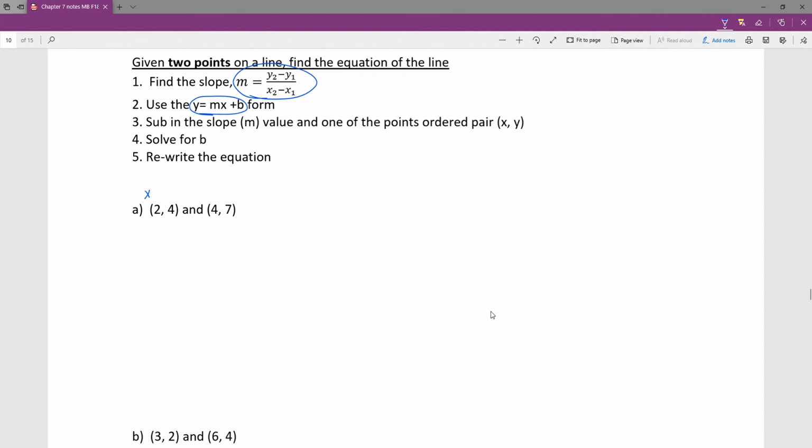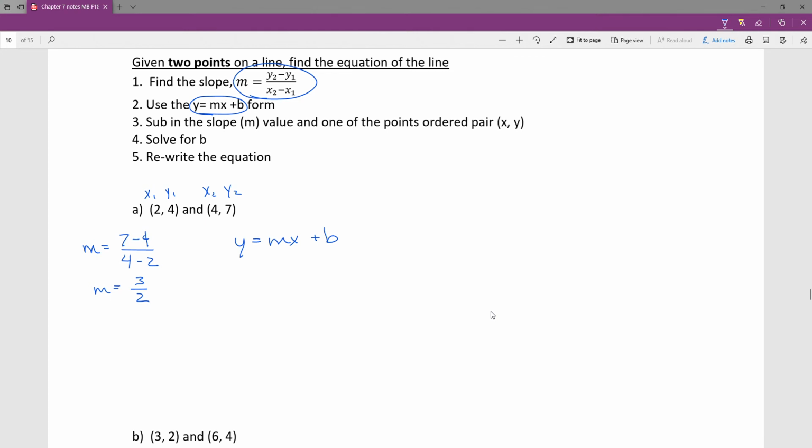So with this one, I'd have x1 and y1, x2 and y2. So I'd have m equaling (7 minus 4) all over (4 minus 2). I'd have a slope of 3 over 2. The next thing that I would do to make this more like the questions that I've done before, I'm trying to gather enough information to sub into my framework equation.